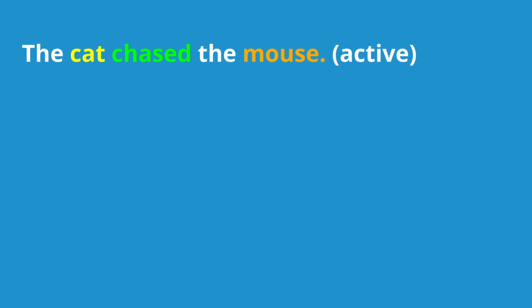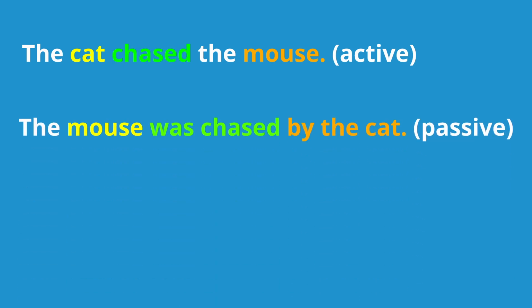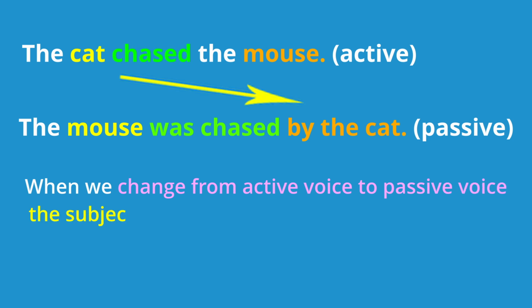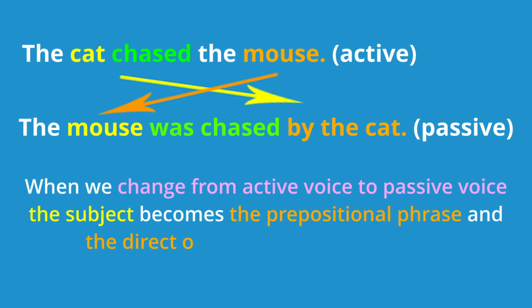But for now, let's look at another example. The cat chased the mouse. This sentence is in the active voice. The mouse was chased by the cat. Now this sentence is in the passive voice. When we change from active voice to passive voice, the subject becomes a prepositional phrase, and the direct object of the sentence becomes the subject.